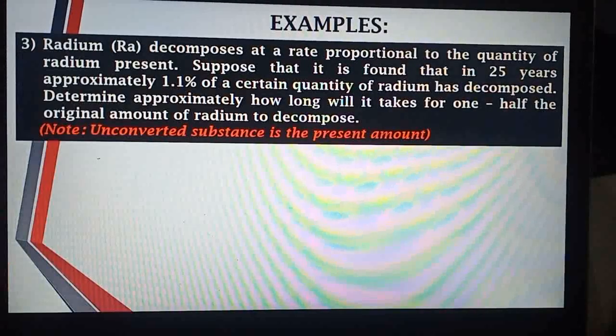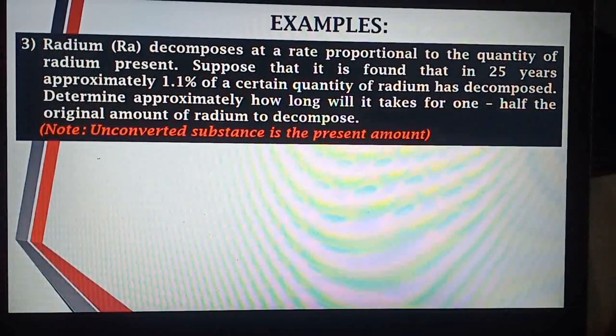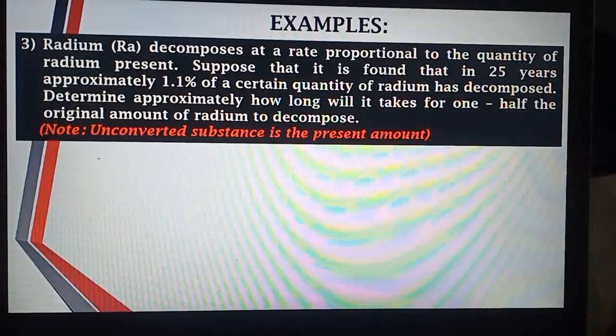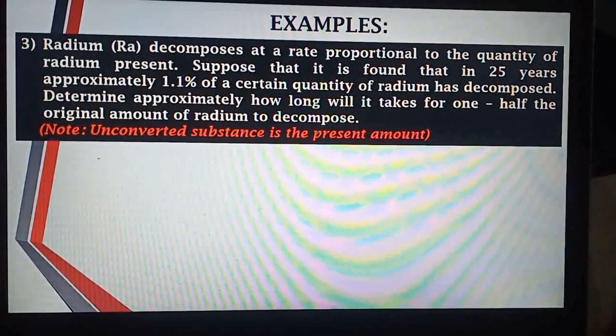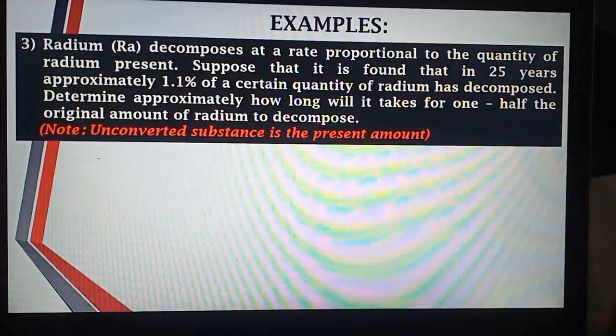So next example, we have radium decomposes at a rate proportional to the quantity of the radium present. Suppose that it is found that in 25 years, approximately 1.1% of a certain quantity of radium has been decomposed.